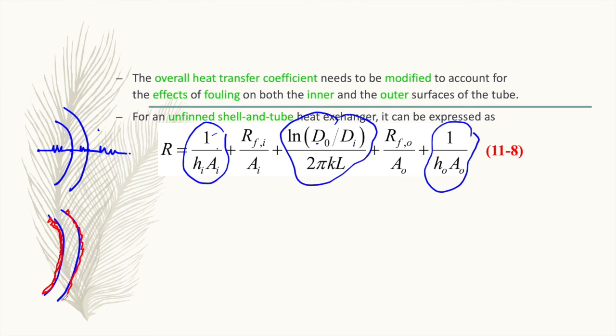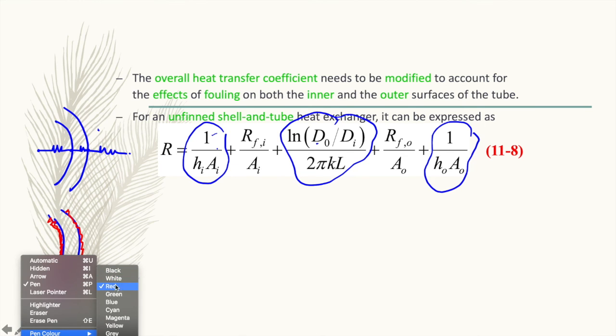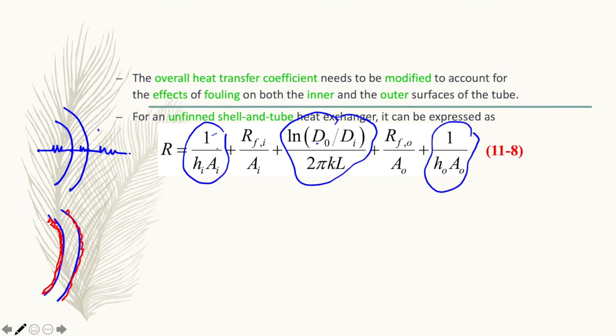The red represents the deposit of chemicals or minerals on your tube. This deposit will create an additional resistance. Previously we knew there were two convections and one conduction. If there is fouling inside and outside of the tubes, we have to include these terms.